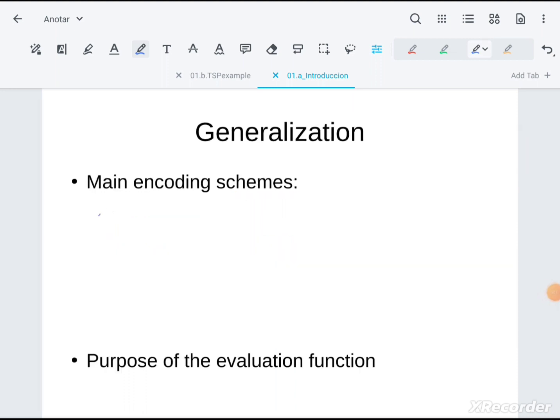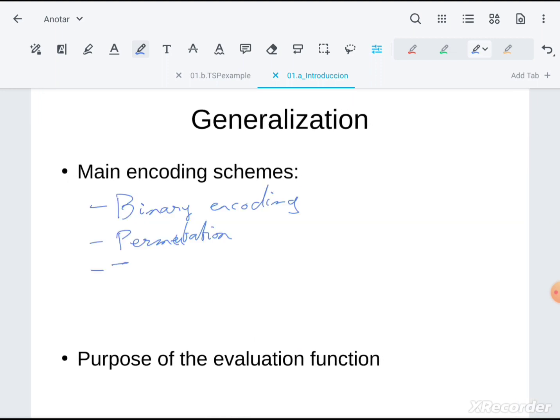So the main encoding schemes are binary encoding, permutation base, integer, programs, and there is also another one which is real parameter.